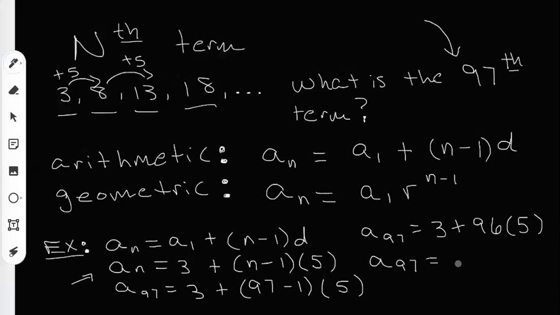So what's 96 times 5? That's going to give me 3 plus, let's see, 6 times 5 is 30. So I'll carry the 3. 9 times 5 is 45, plus 3 is 48.